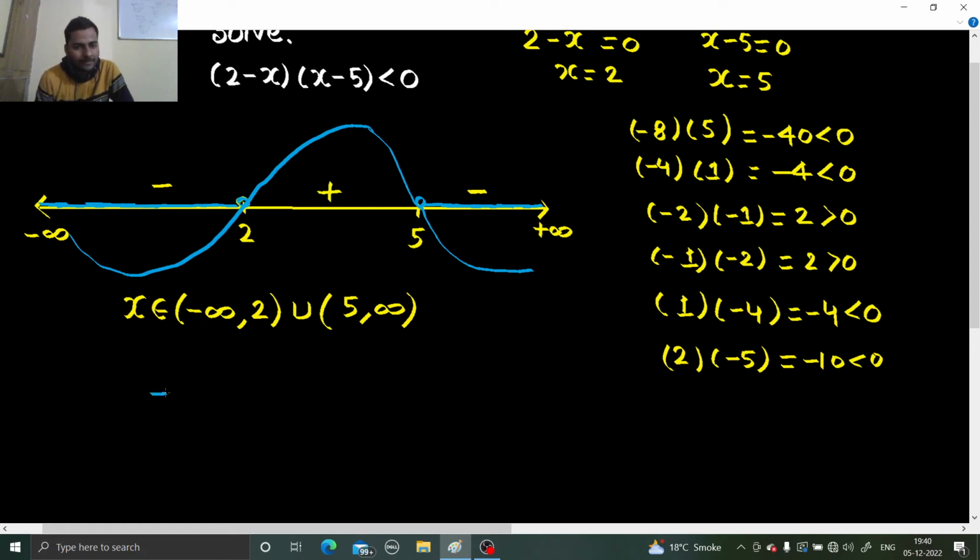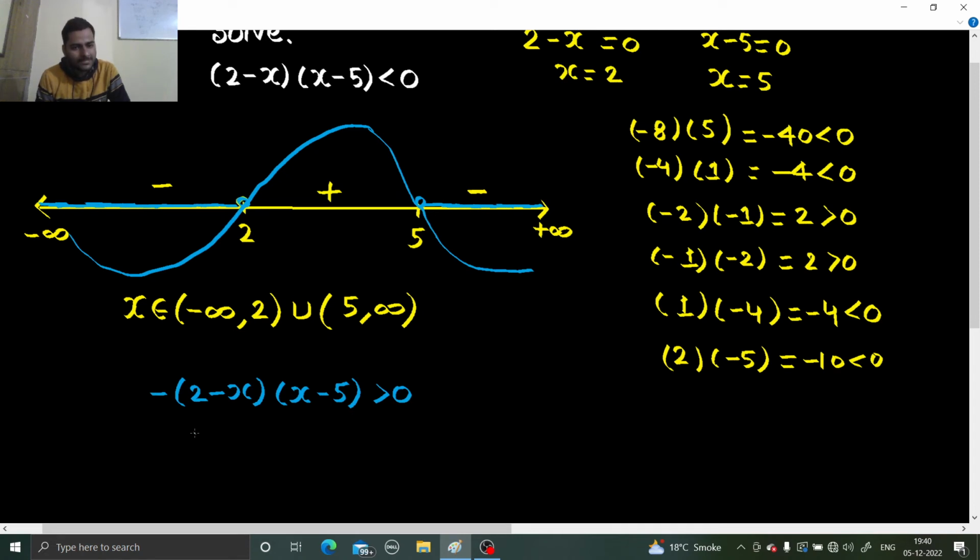So multiplying by a negative quantity on 2 minus x, only for this bracket. The second bracket is a very beautiful one. And this is less than 0 initially. But now when I multiply it by minus 1, the sign will flip and this will become greater than 0.